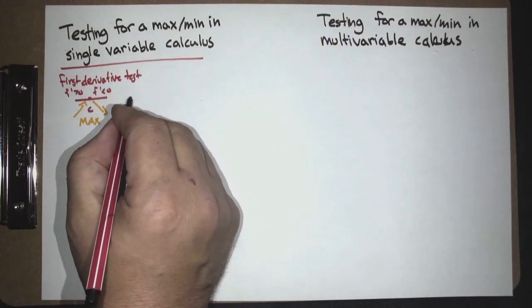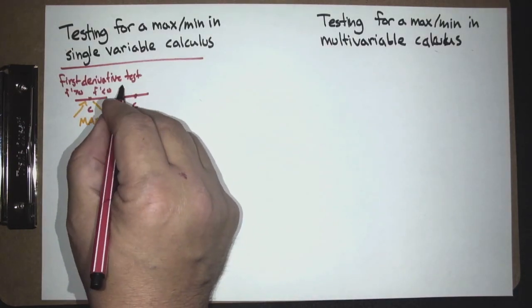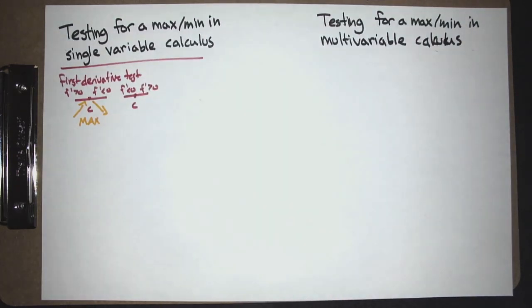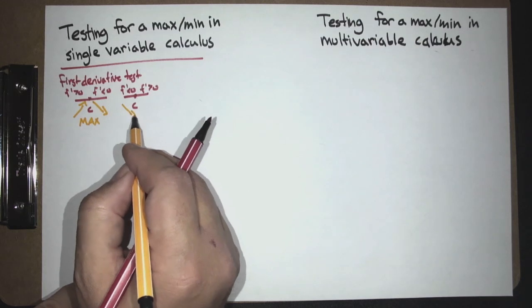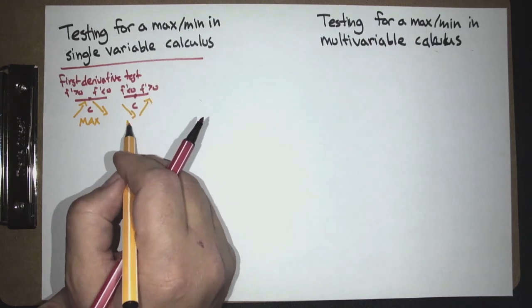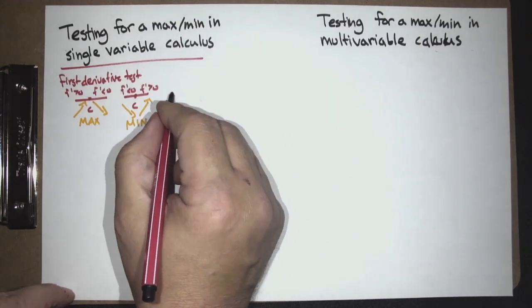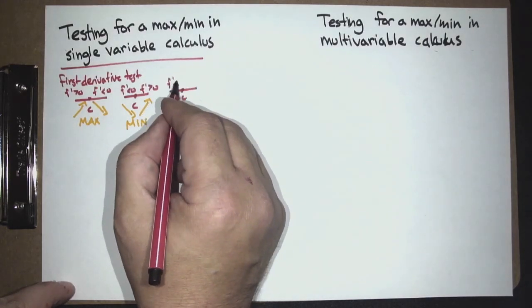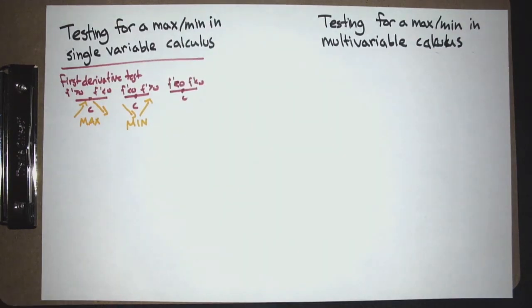Or you may have had something like this, where you had C, and you said, oh, it's negative, and then it's positive. Then what's going to happen at C? It's a min, because you're going down, and then you're going up. So it's a min. And we'll do one more. There's a total of 4 possibilities. What if, say, you were negative and then you were negative again?